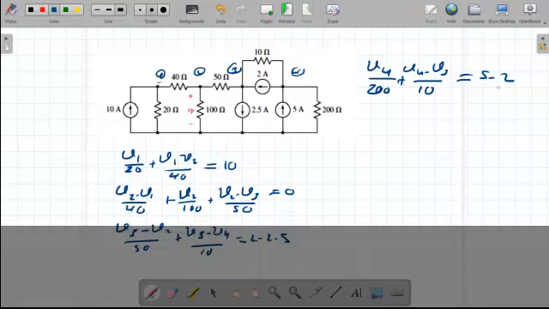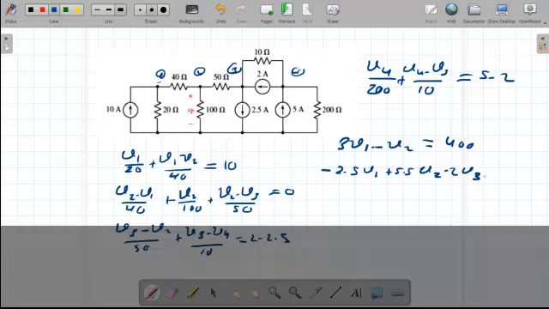So after we organize these equations, we will get 3 V1 minus V2 equal 400. Then minus 0.5 V1 plus 5.5 V2 minus 2 V3 equals 0.